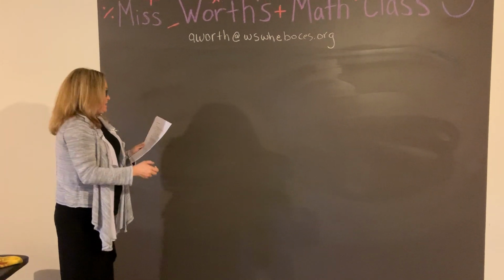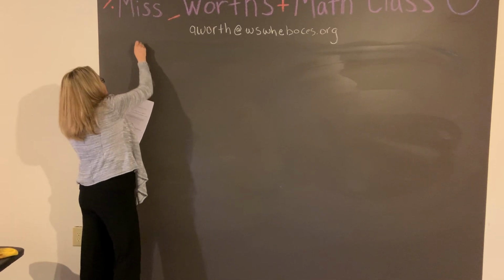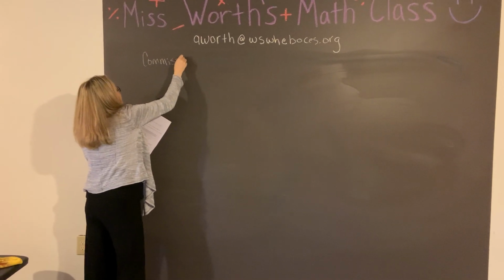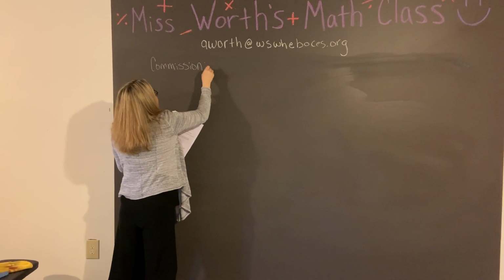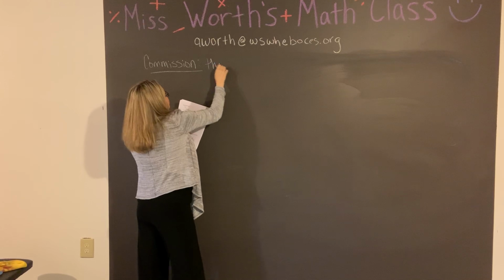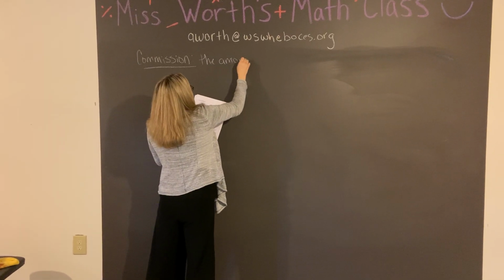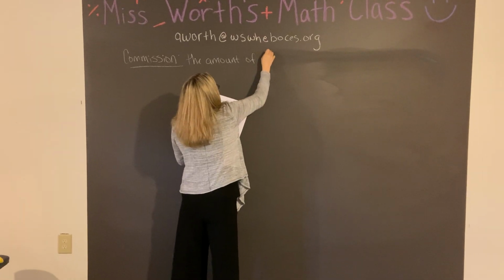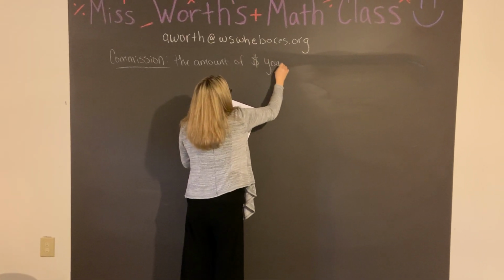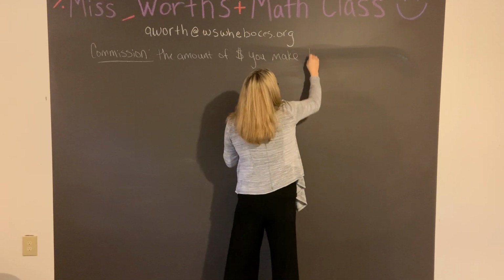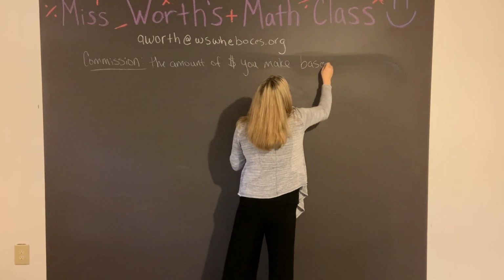If we look at this, all right, commission. You have this definition right on your packet. It's the amount of money you make based on sales or services you sell.